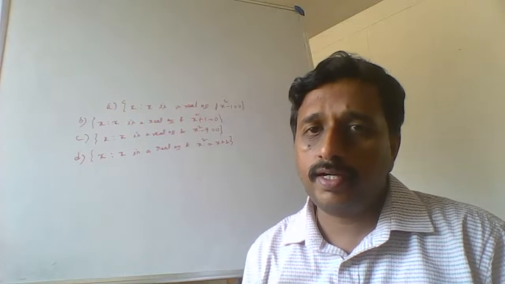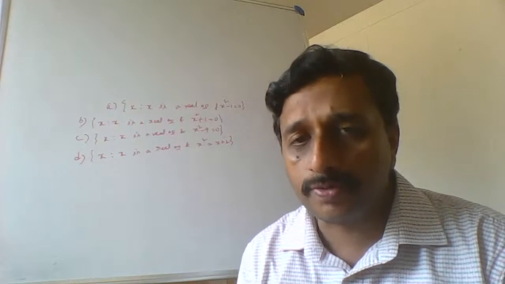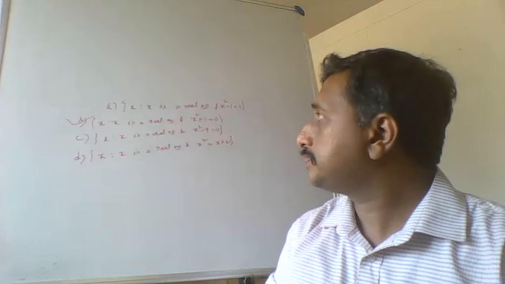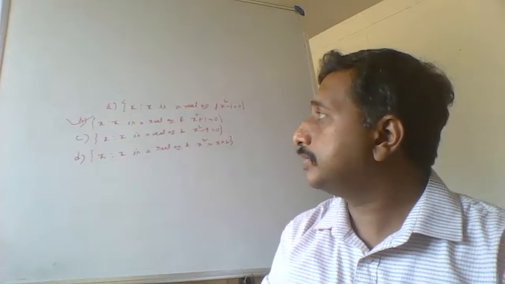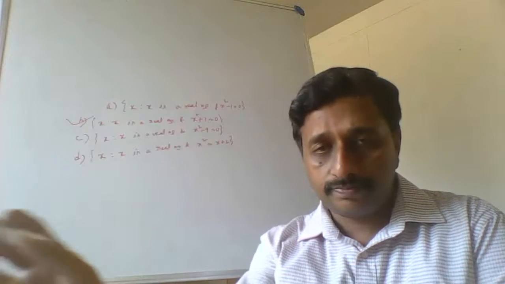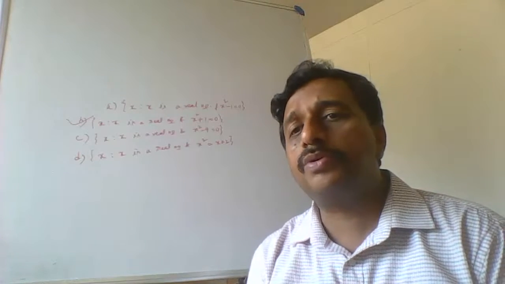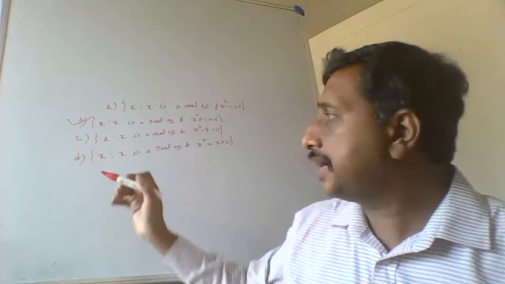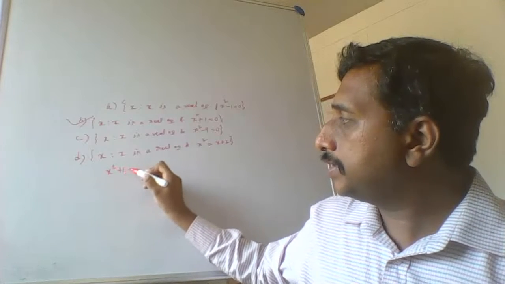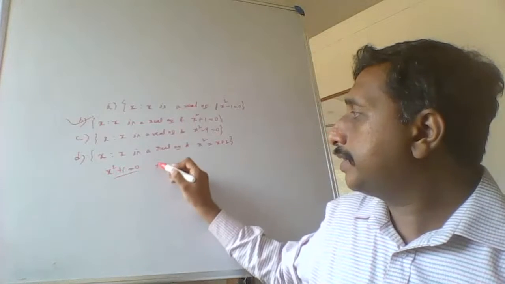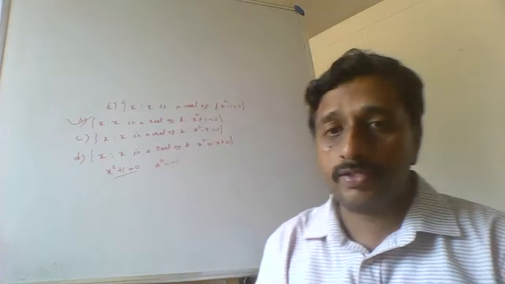If you look at these four options, I would prefer B, x square plus 1 is equal to 0. Why? Now we observe that there is no real number x such that x square plus 1 is equal to 0. So x square would be minus 1.